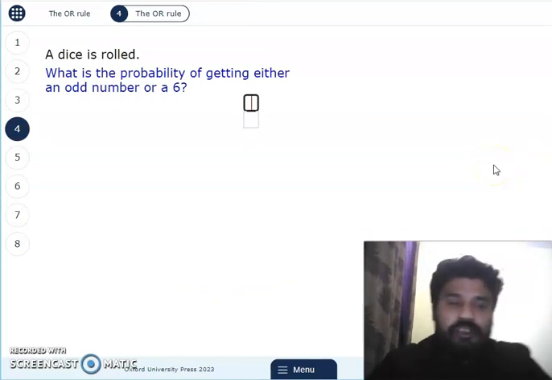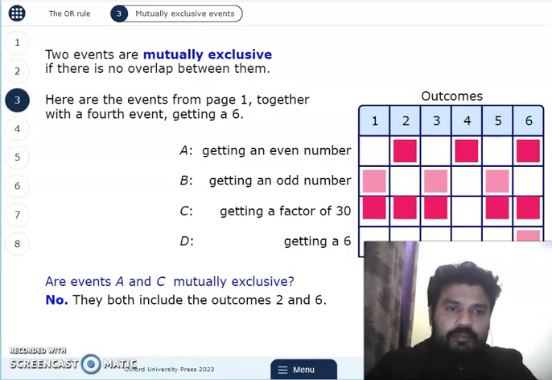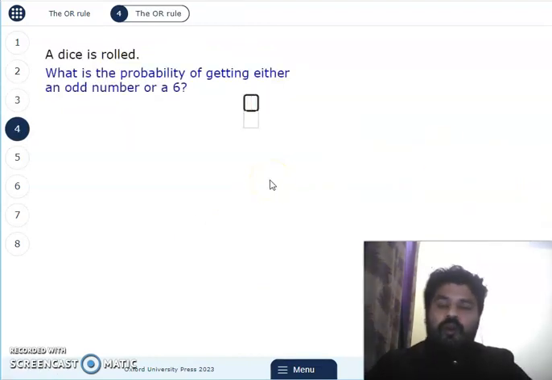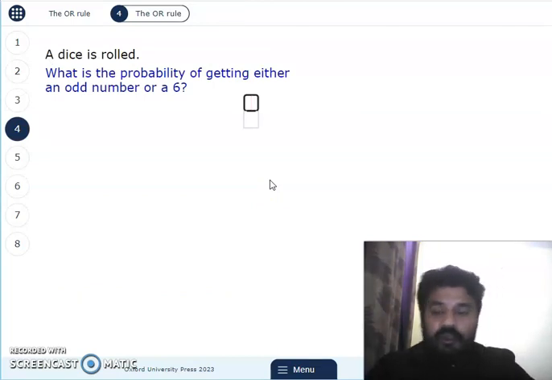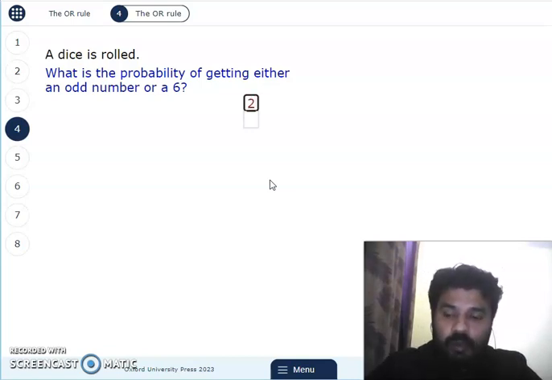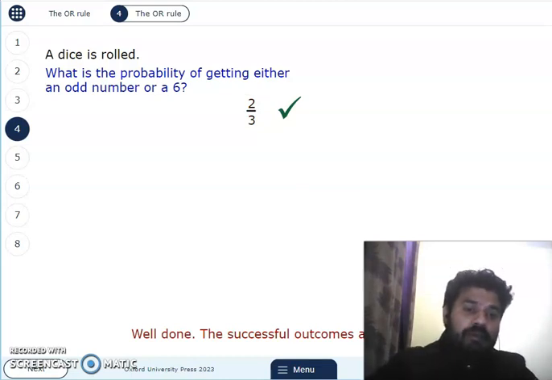Now let's do some questions. What is the probability of getting either an odd number or 6? So the probability comes out to be 2 upon 3. Let's check how this happened.